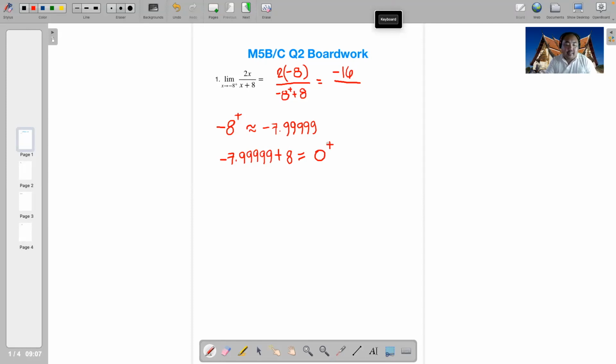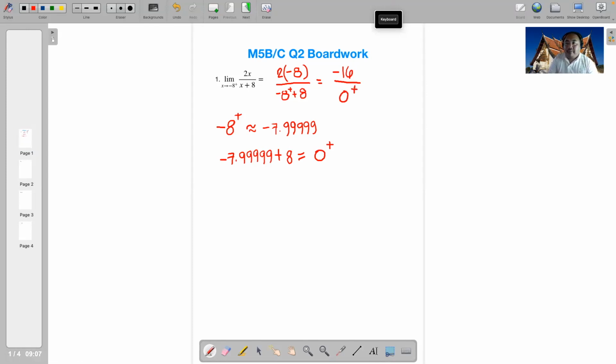It's very easy to look at that. Negative 7.59 plus 8 will give you a very small number, but nonetheless positive. So to continue, the denominator is 0 plus.